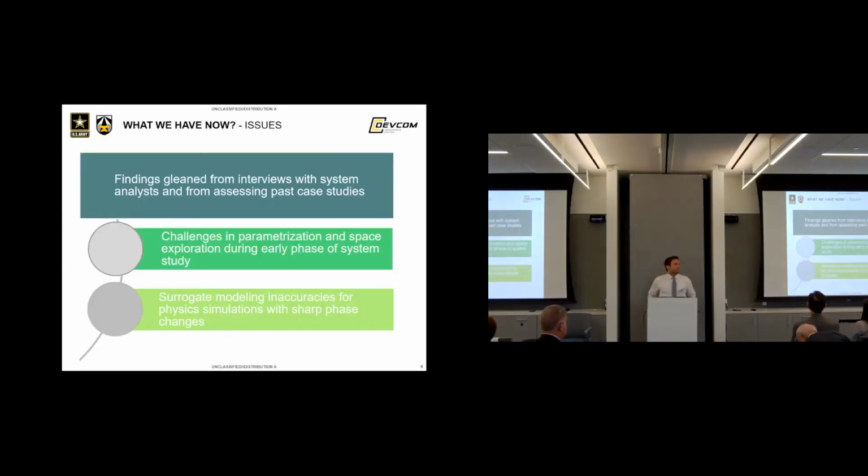Some of the issues that we see with that are that early on, our trade space exploration is very large with not very confined bounds. So the number of runs that we needed to do were very computationally expensive, taking weeks to months to run. And also, sharp physics changes, say going from supersonic to subsonic, don't model too well.